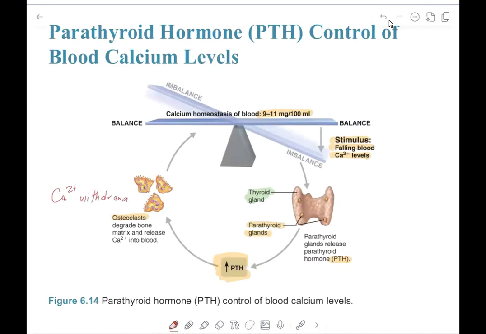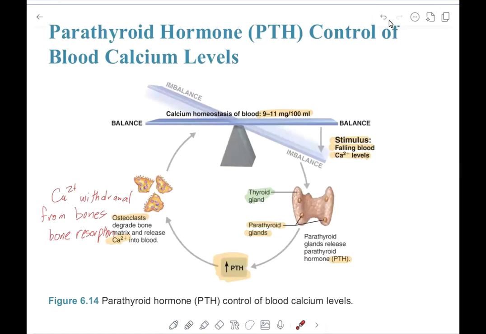So, again, I think it helps to think of that bank analogy, but it's calcium withdrawal from the bones. And that is basically bone resorption. So, it's converting that calcium into soluble forms to go into the blood, and now we have reached homeostatic control.